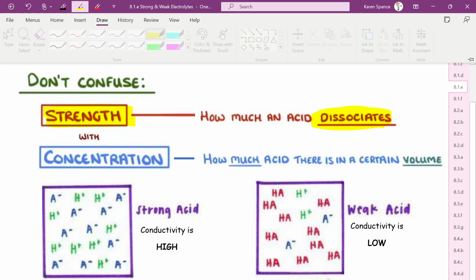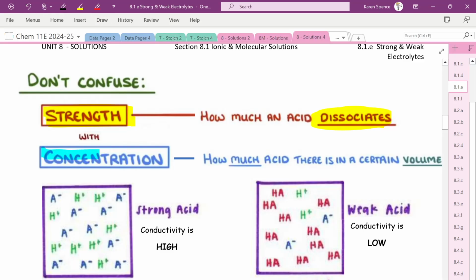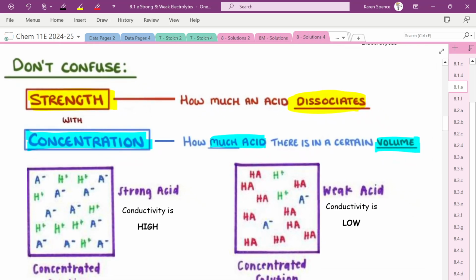Whereas concentration is how much acid there is in a given volume. And that would be measured in moles of acid per liter.